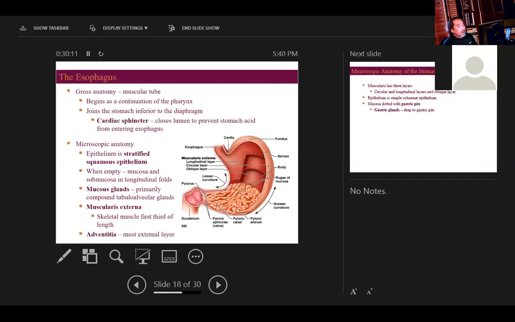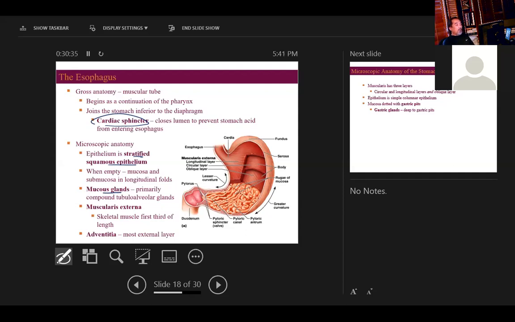Okay, so we actually are looking at the esophagus. We went back, and remember the sphincter that separates your esophagus and the stomach is called the cardiac sphincter. Remember, the esophagus is stratified squamous epithelium, and you have mucous glands located in the esophagus that produce what we call mucus.